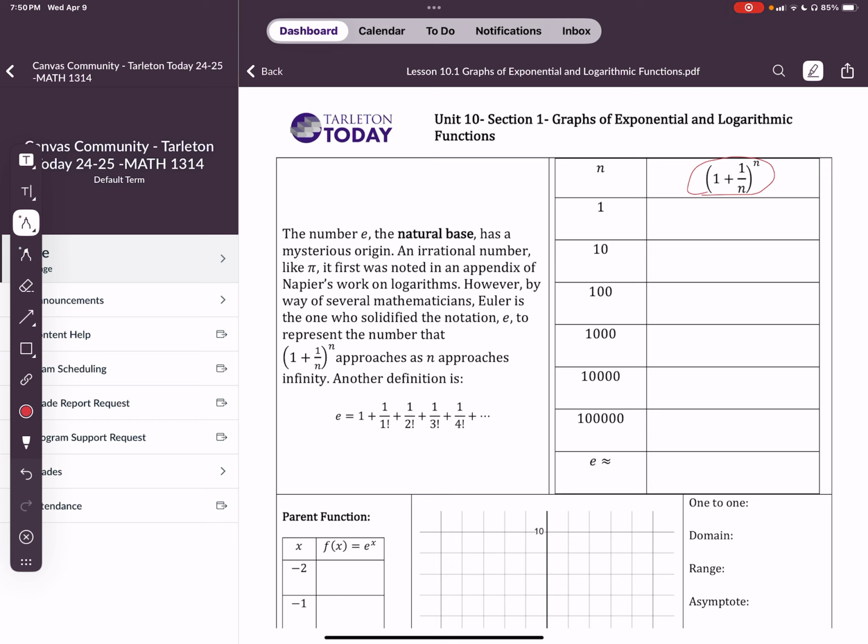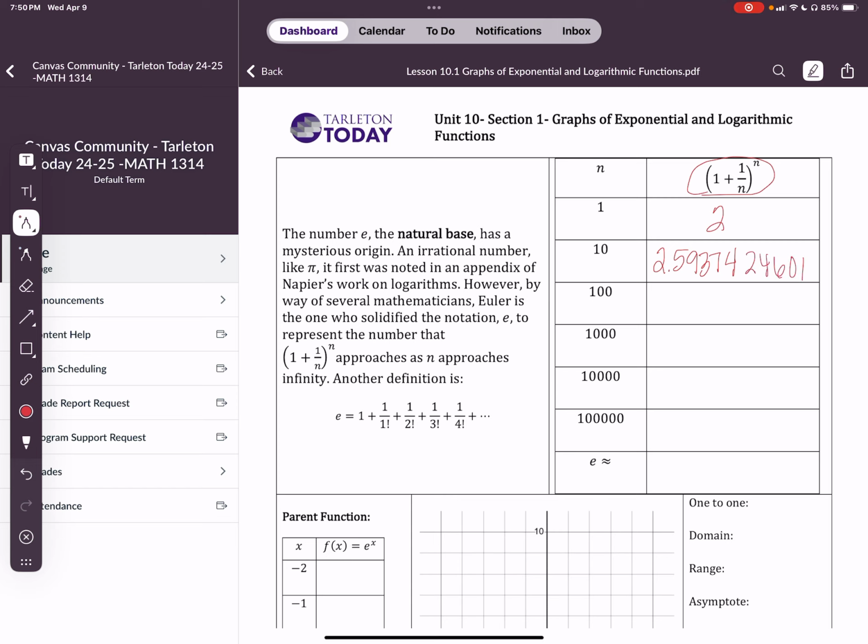we can discover that when n is 1, our y value is going to give us a 2. If we plug in a 10 for n, we would get, and it's a very long decimal, 2.59374 24601. Okay?